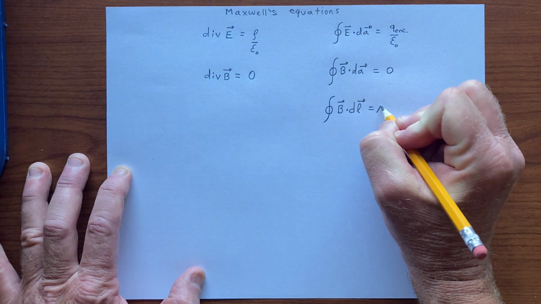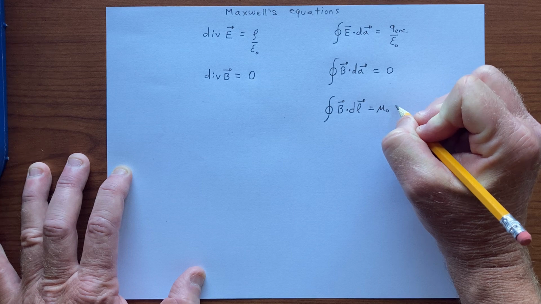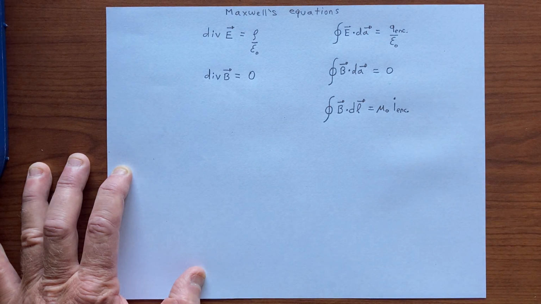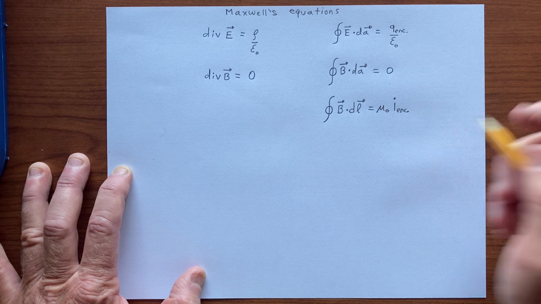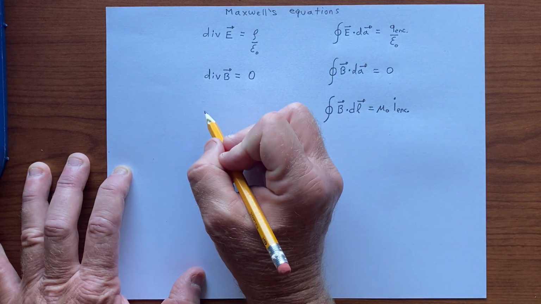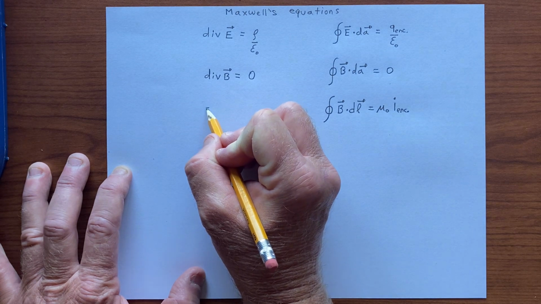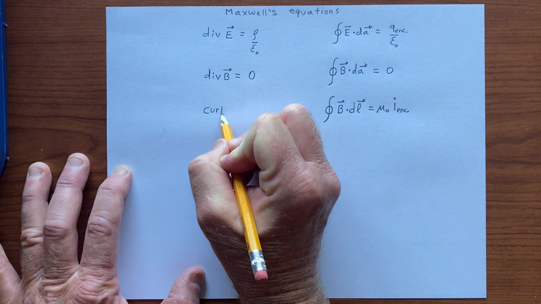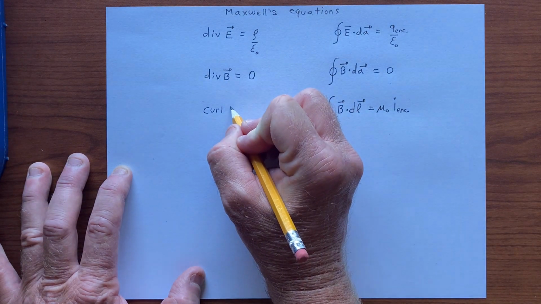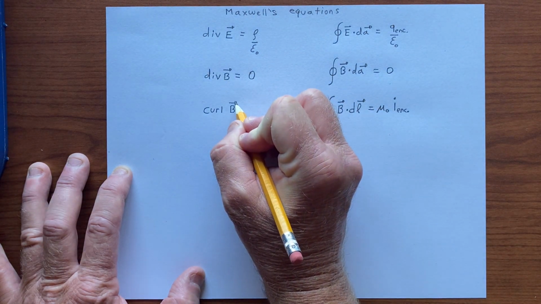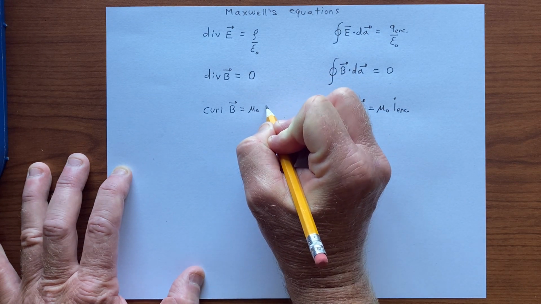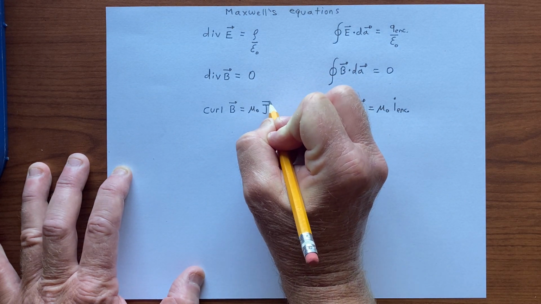This is equal to some constant mu naught times current enclosed through the area that has this loop as a boundary. And there's a differential version of this, which is basically, in words, saying that magnetic fields curl around current. So the curl of the magnetic field is equal to mu naught, the same constant, but times the current density.